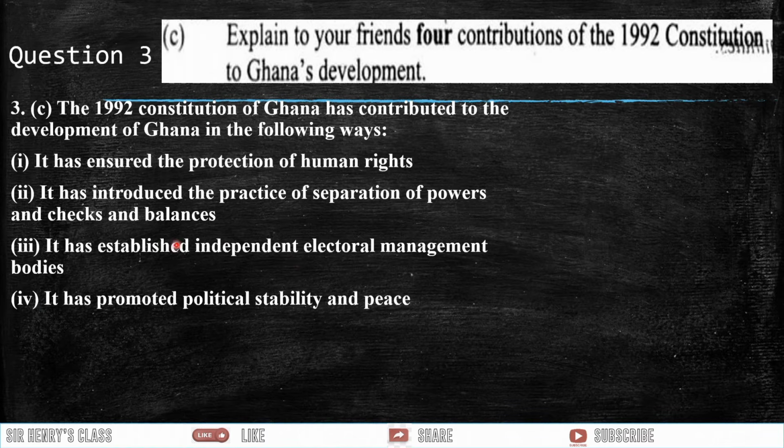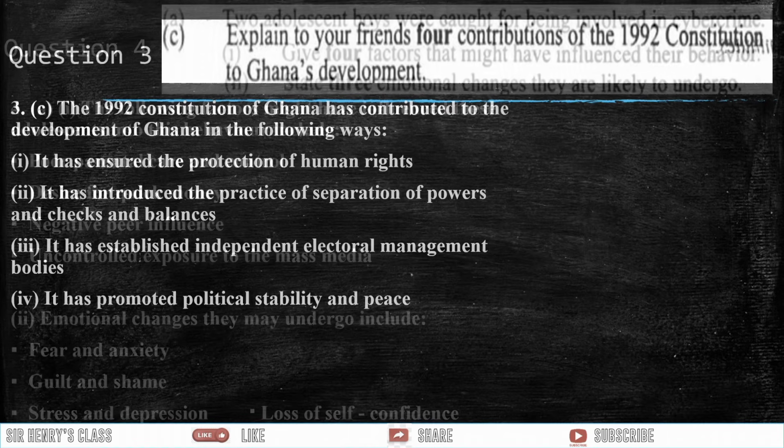It has established independent electoral management bodies, and it has promoted political stability and peace in the country.